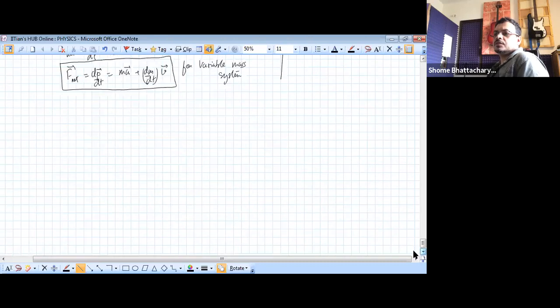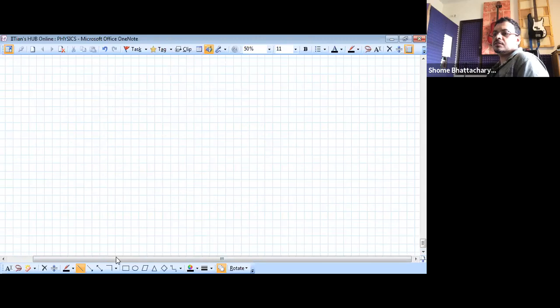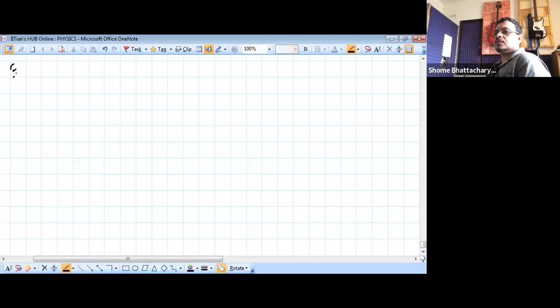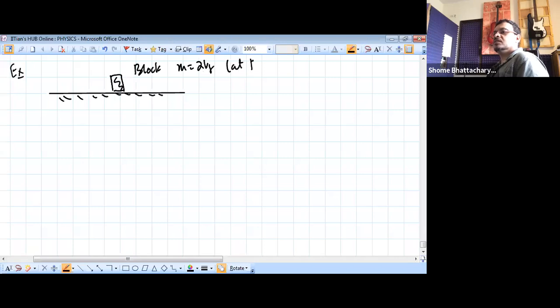Okay, so let us conclude this with a simple example to understand the application. So, for example, we now have a block of mass 2 kilograms, initially at rest on a smooth surface, on a smooth floor.